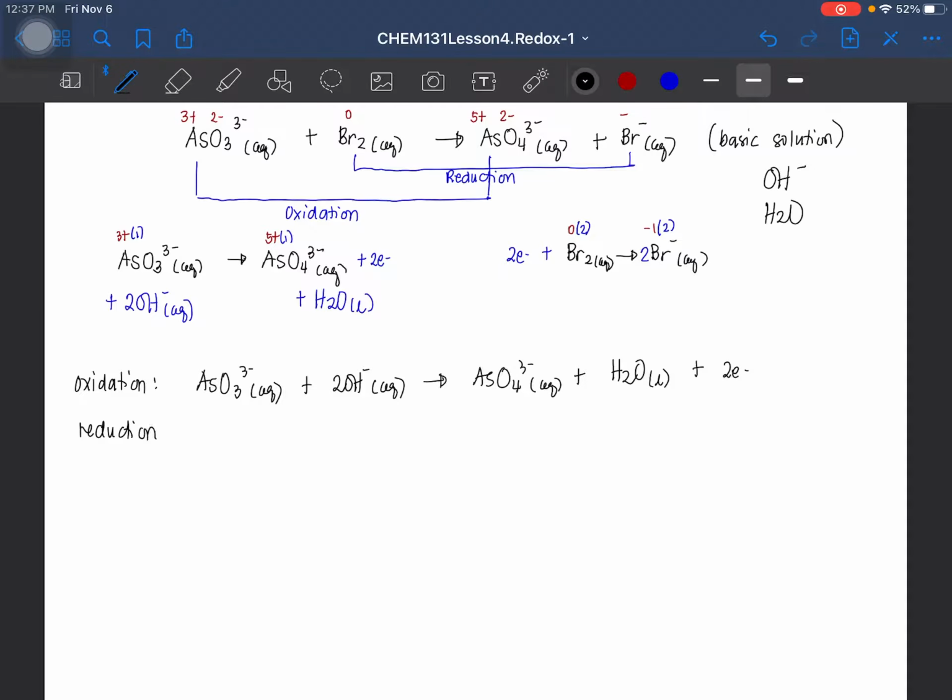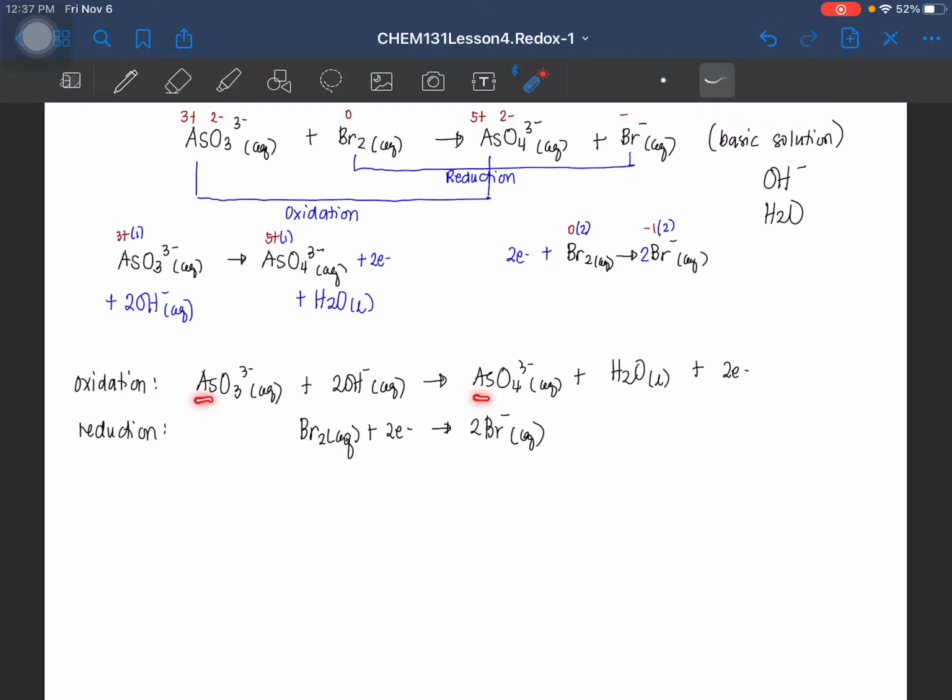And for the reduction, there's no need to add any hydrogen or OH because it's already balanced. So Br2 aqueous plus 2 electrons, producing 2Br- aqueous.